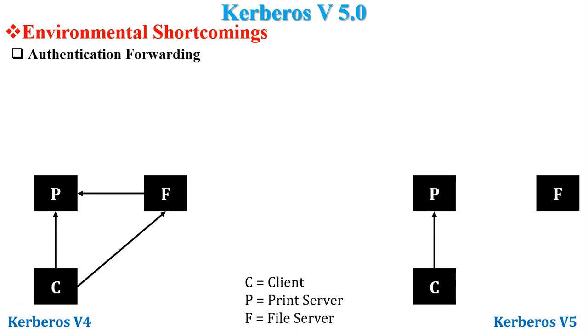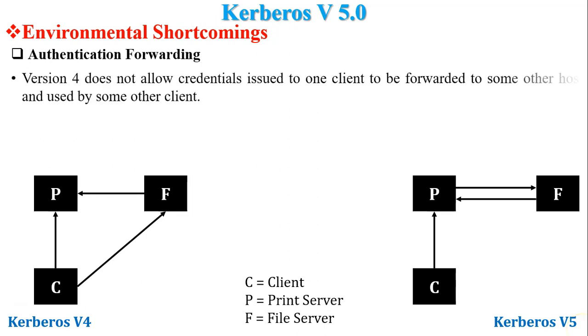Now the print server sends a request on behalf of the client to the file server to access a file for the print. In Kerberos version 5, all the servers are authenticated with each other when established. So there is no need to provide authentication by the print server because it is already authenticated with the file server. Now the file server will send the requested file to the print server. So there is only one authentication required in Kerberos version 5. It is between the client and the print server.